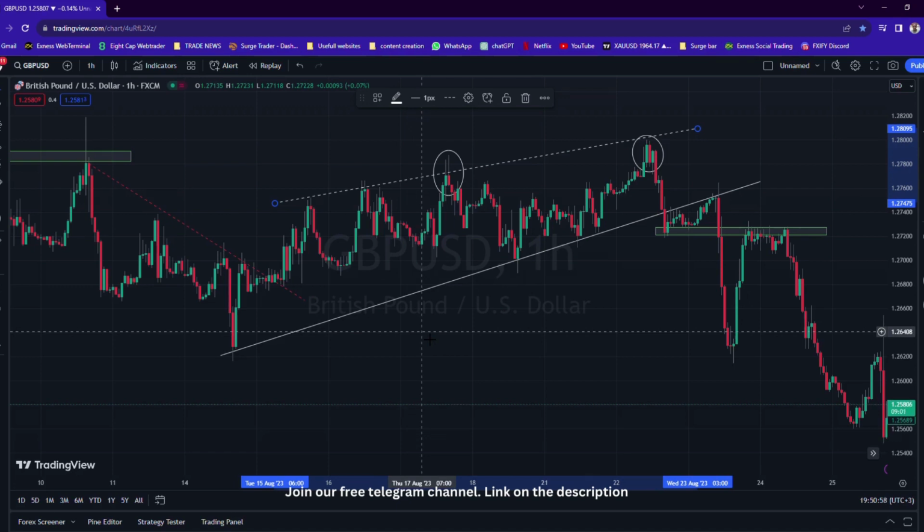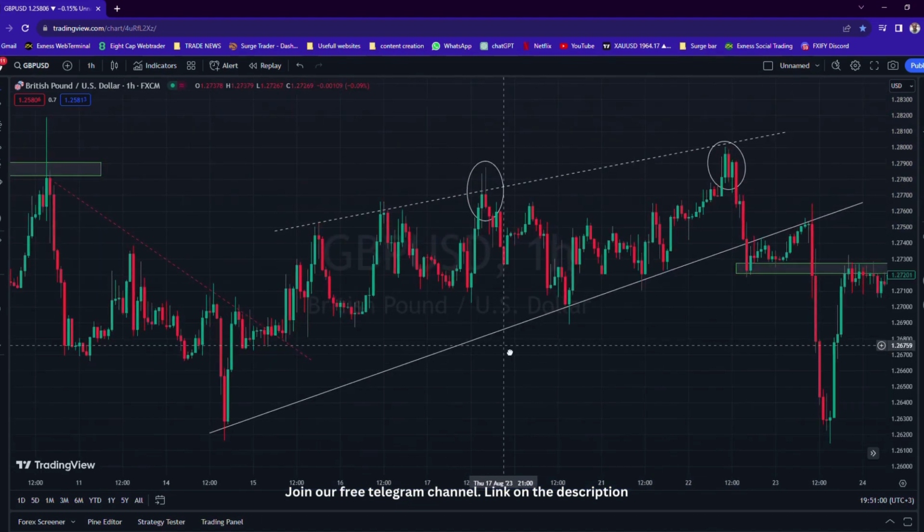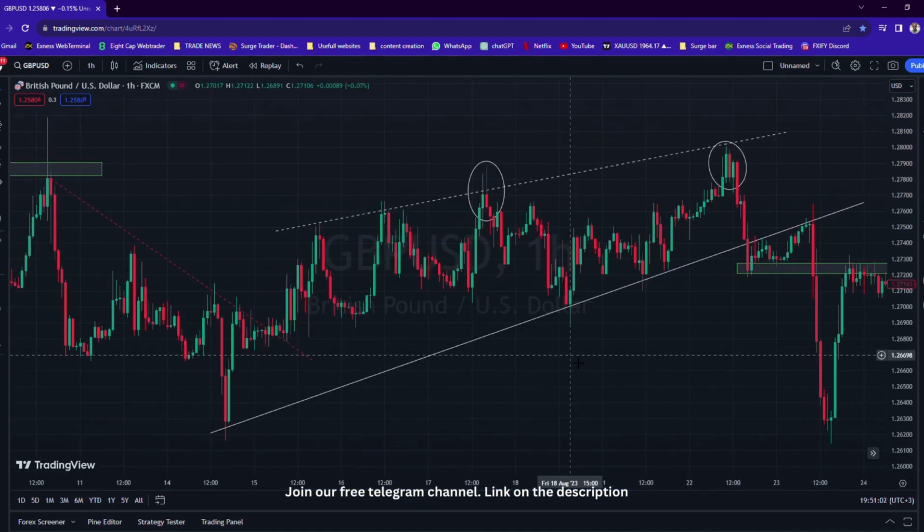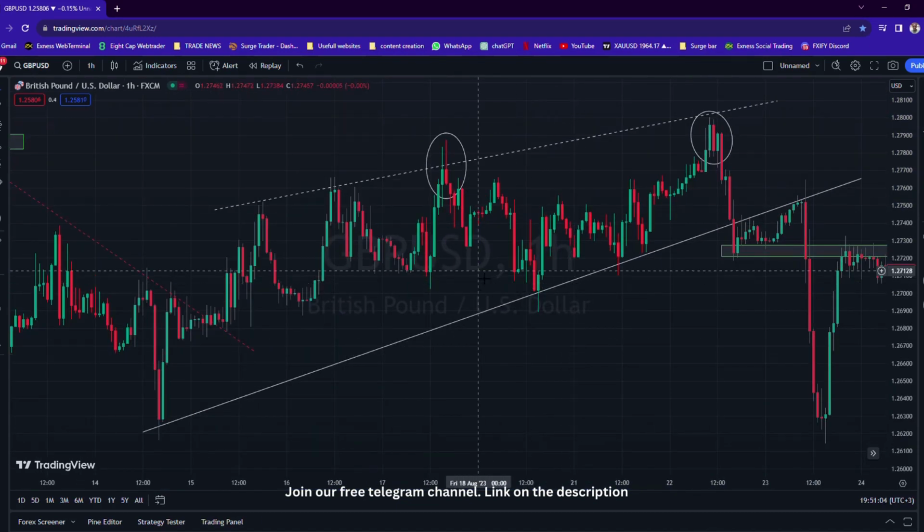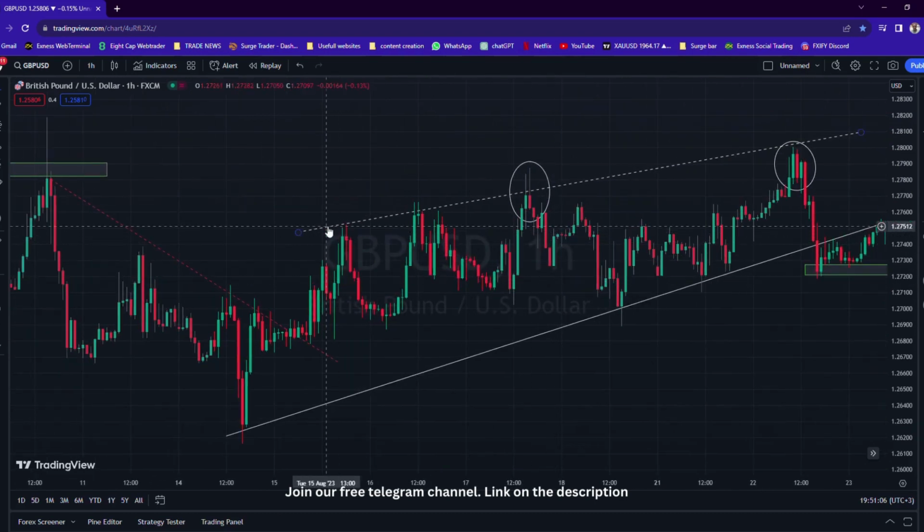tweezer top and the tweezer bottom. So how does the tweezer top or tweezer bottom look like? For example, when you make your technical analysis, you anticipate that at some point where there is either a trend line or a support or resistance, you anticipate a change in the trend, a change in the direction of price of any currency or commodity.